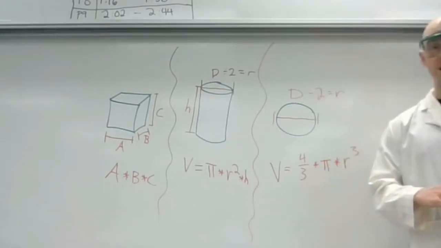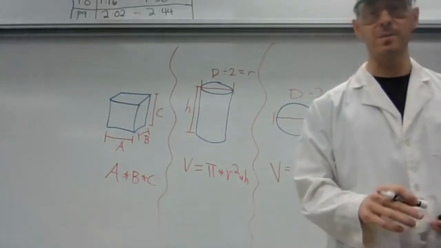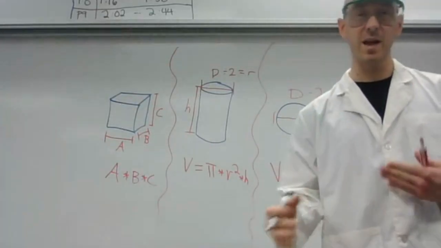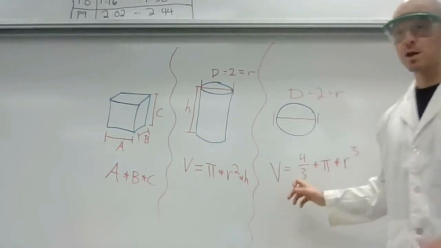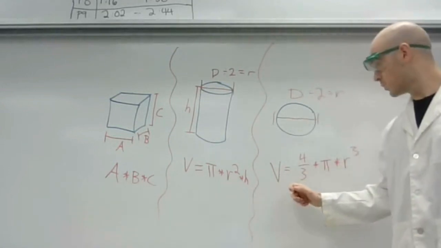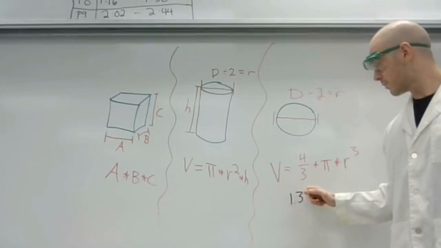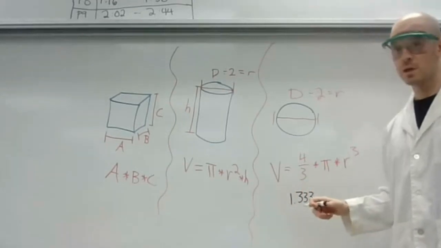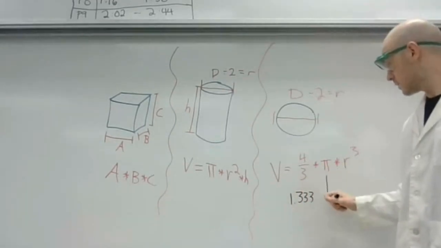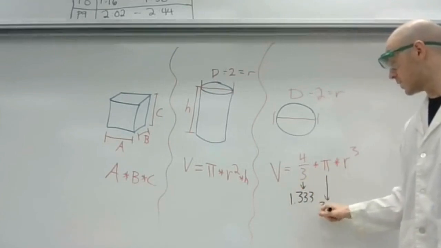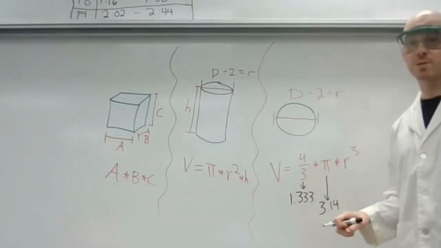Now, to make things easy, if you're not comfortable using fractions and pi in your calculator, you can plug in a couple of different numbers. For 4/3, to make things simple, you could plug in 1.333. For pi, you could plug in 3.14, like we did with the last problem.